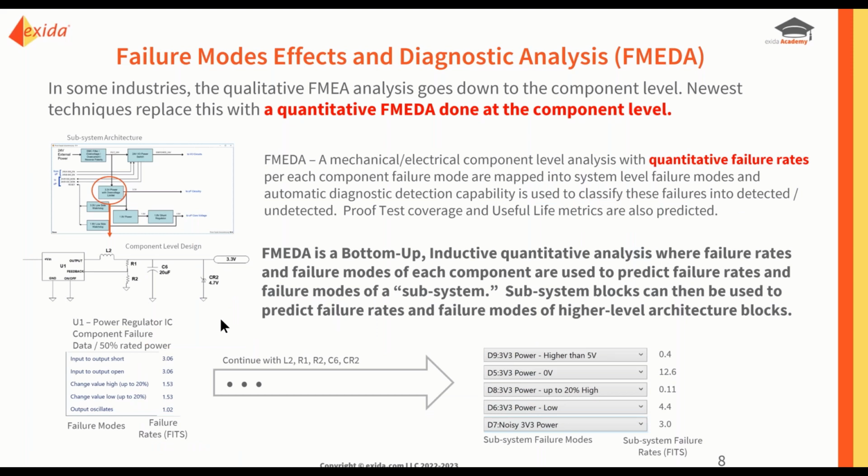It is a bottom-up inductive approach where we look at every component and every failure mode of every component and work up until we get the failure rates, failure modes, and other useful metrics, including proof test coverage. And of course, the reason proof test coverage exists in the FMEDA today is that, as I said, it's required. It's required for good probabilistic analysis, which is done for availability, warranty, and functional safety.